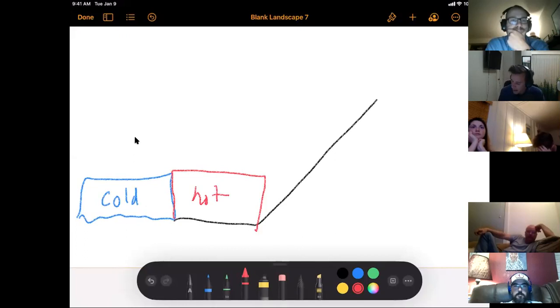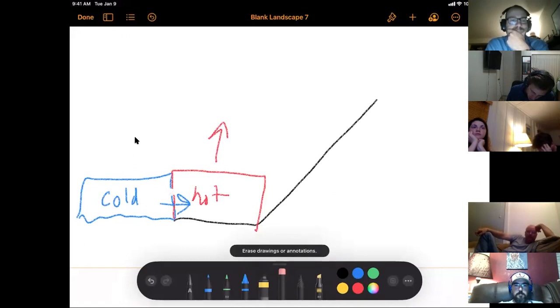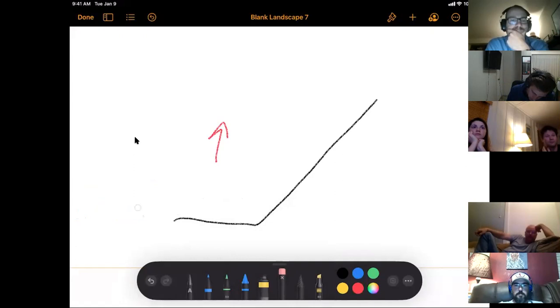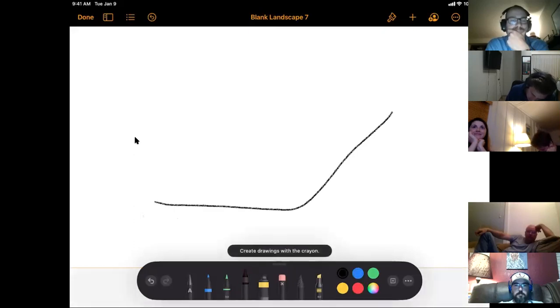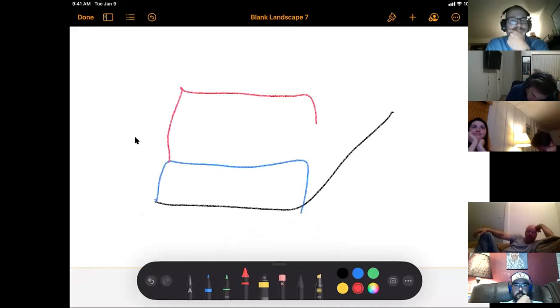And as our day progresses, this air will come up and it will be replaced by this air. And so then our situation will end up looking more like this, where we have cold air below hot air.